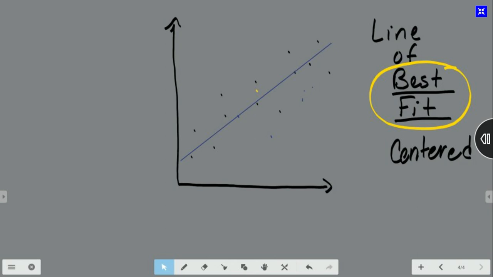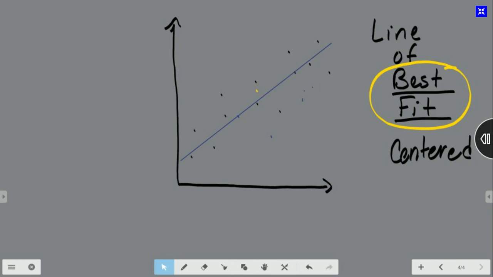You're not trying to get through as many points as possible. You're trying to get centered. You want your line of best fit to be in the middle as much as possible. You're really just trying to get in the middle of as many of them as possible.